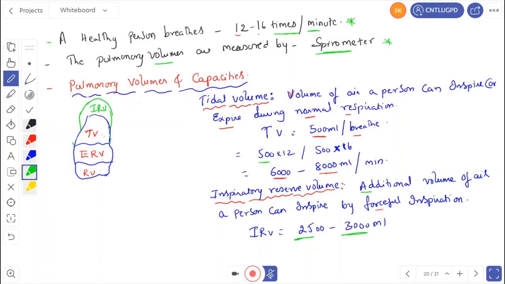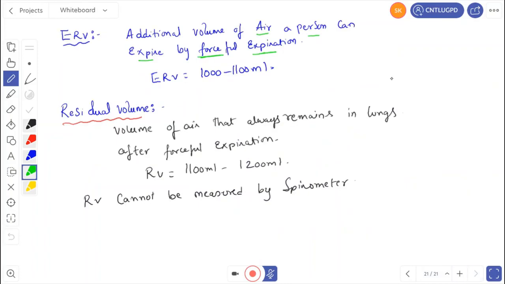So during forceful expiration, you are sending out additional volume of air in addition to tidal volume. That is called expiratory reserve volume, which is 1000 ml to 1100 ml. Then what is residual volume? It is the volume of air that always remains in the lungs after forceful expiration.